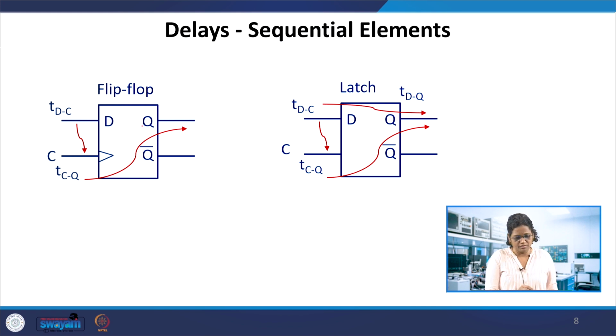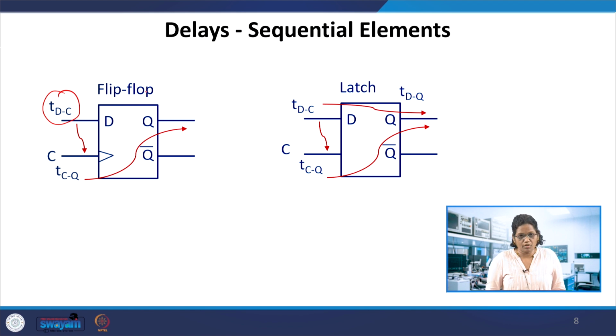For example, in a flip flop, this is the data which is sensed at the clock edge. There is a delay D to C, and after the clock samples the data, the clock to Q delay is how long it takes for D to be assigned to Q. So that is the clock to Q delay.